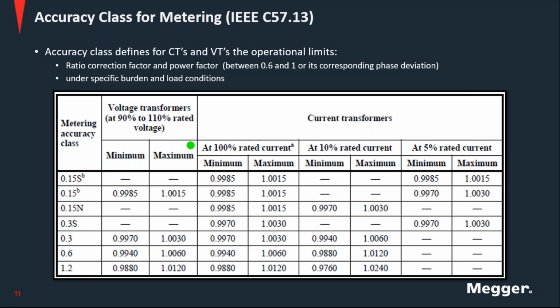Current transformers need to perform at 100% of rated current, and if you have no load, or the load is too small, then you probably don't need such high accuracy. However, with how power systems operate now, there will be times during the day when you have a full load, or a reduced load.